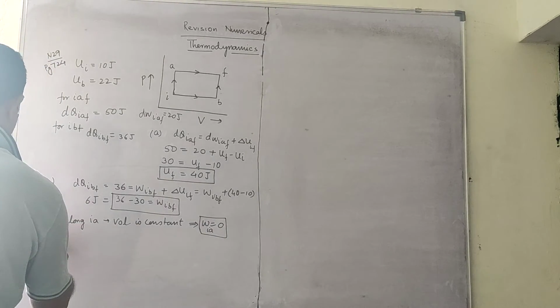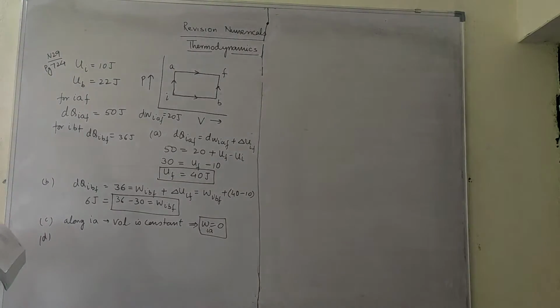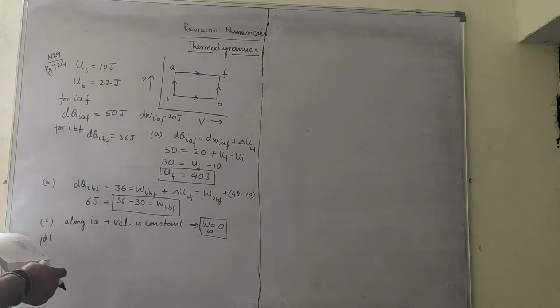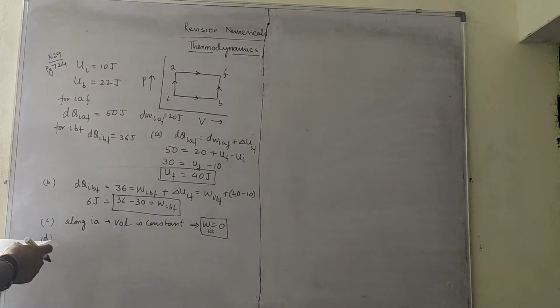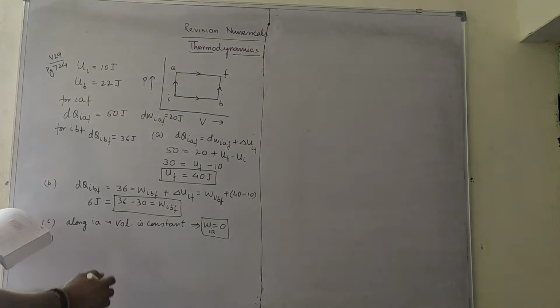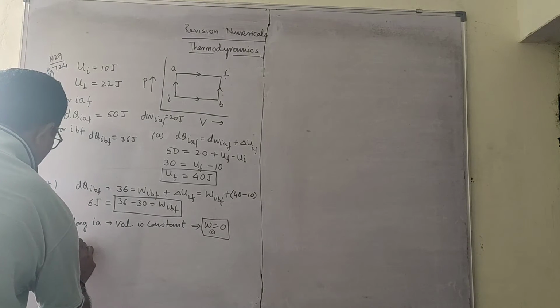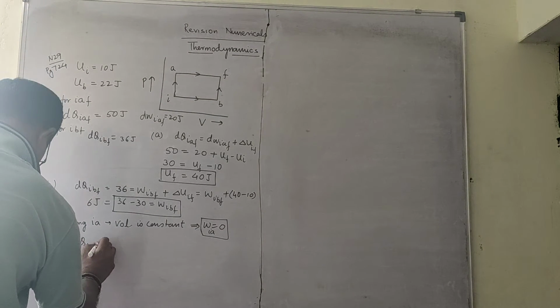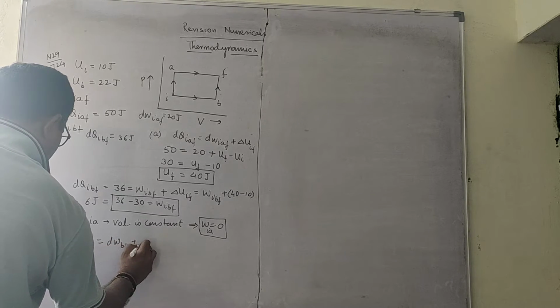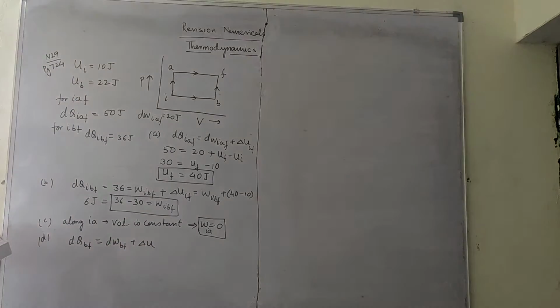Now D part. Value of dQ for path BF. Sorry, value of dQ for path BF. So dQ along BF is equal to dW along BF plus delta U along BF.